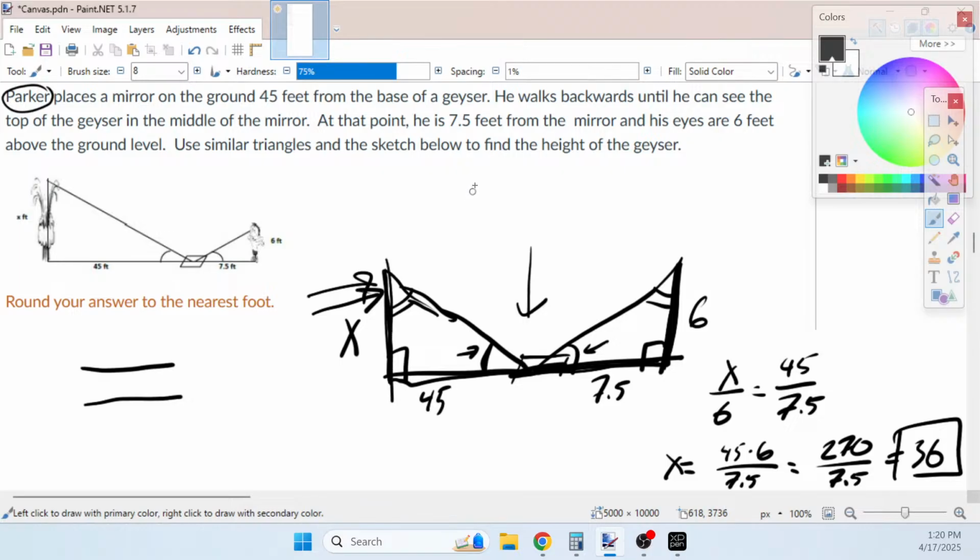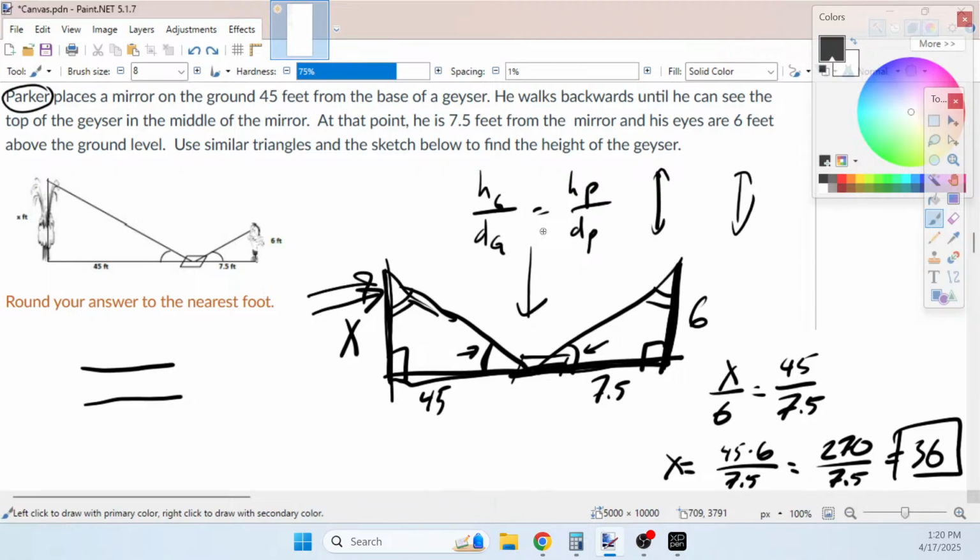As long as my combinations are like height of geyser, height of Parker, both over the geyser distance and Parker distance, I've chosen to have objects line up vertically: geyser, Parker.